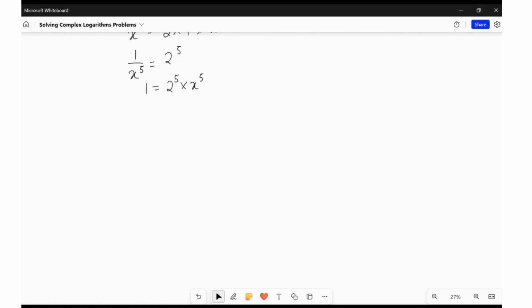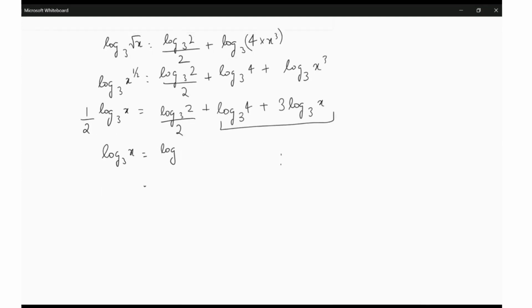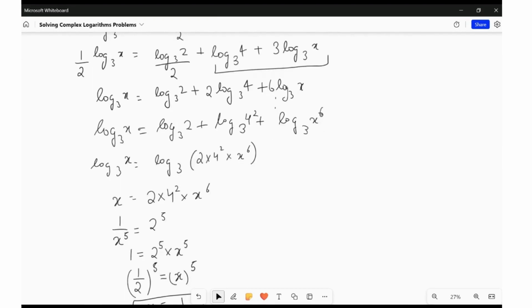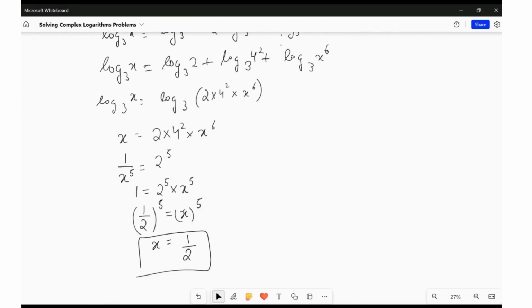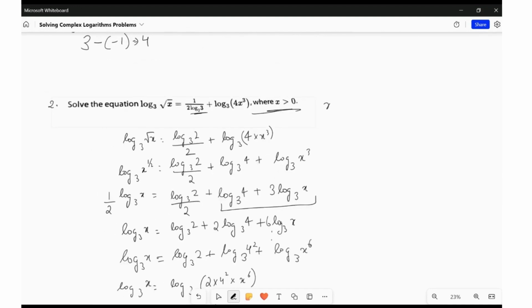So we can write 1 by 2 whole power 5 is equal to x power 5. So here we get x as 1 by 2, and it satisfies the condition that x is greater than 0. So this was a very short problem, but as we did all the steps, it looks huge. But it's a very simple problem, right? So x is 1 by 2 in this problem.